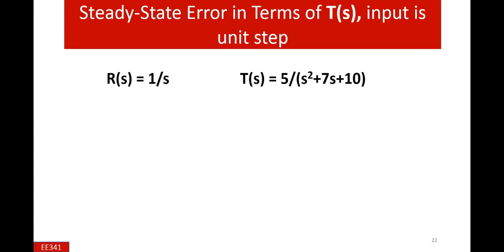To review the concepts of steady state error, let's see an example. The input is a unit step, 1 over s, applied to a closed loop transfer function which is 5 over s squared plus 7s plus 10.